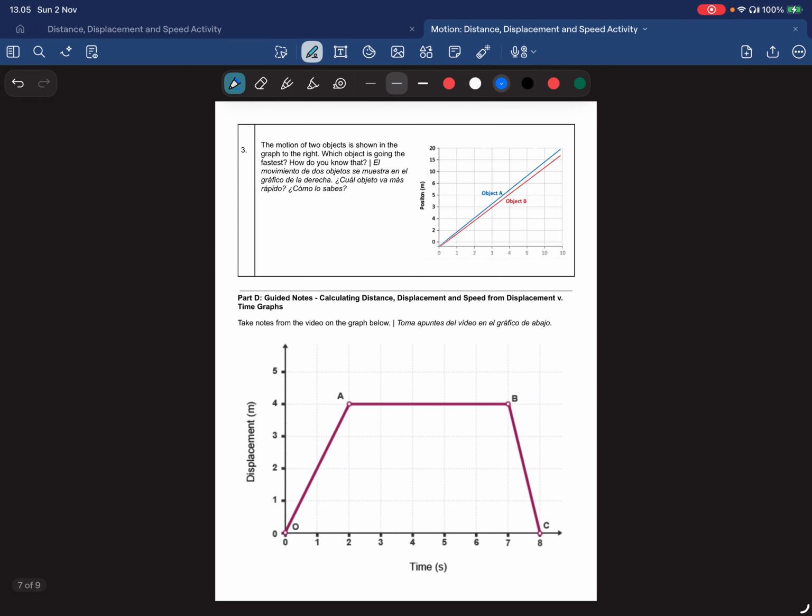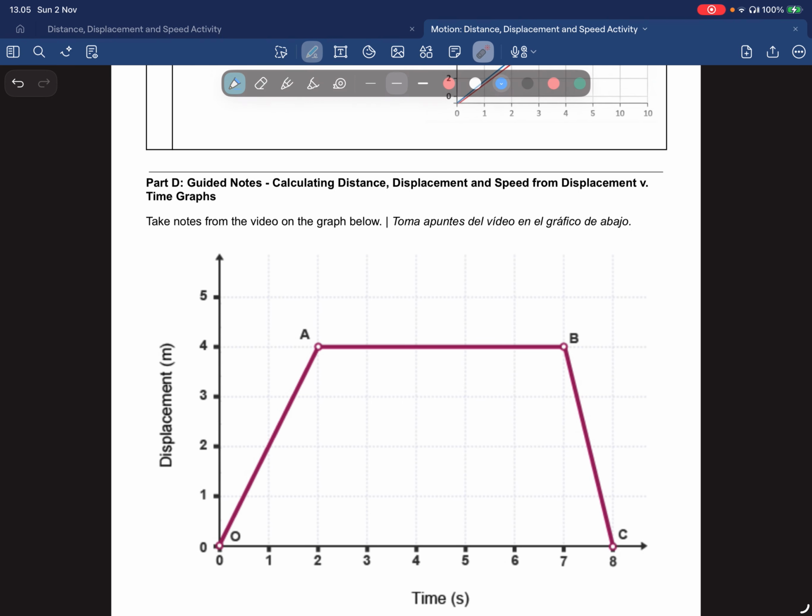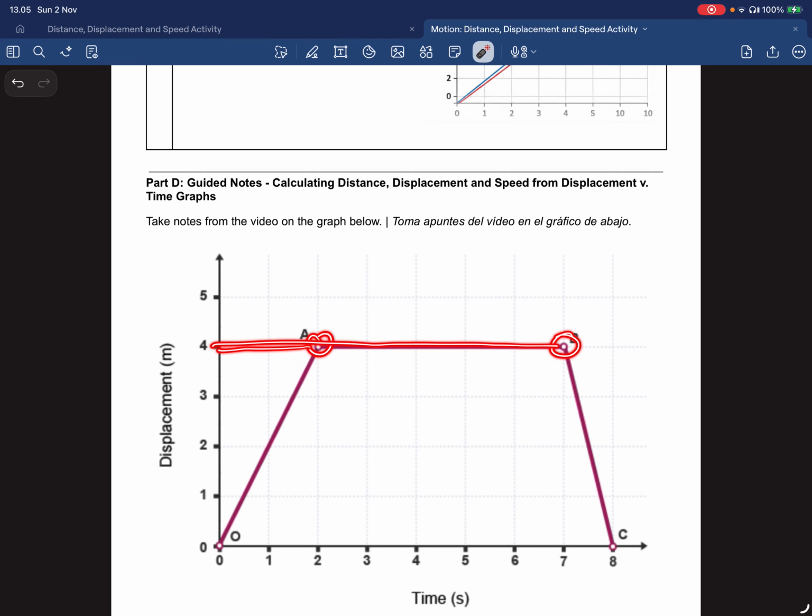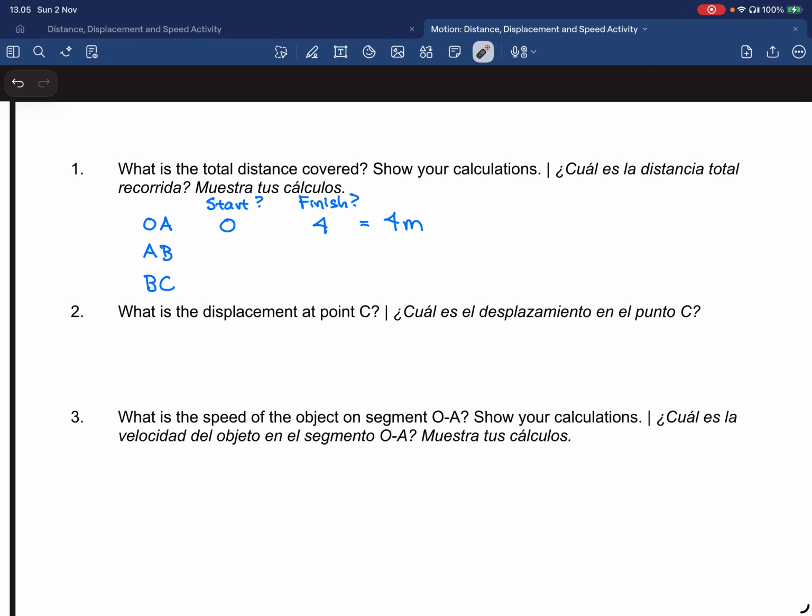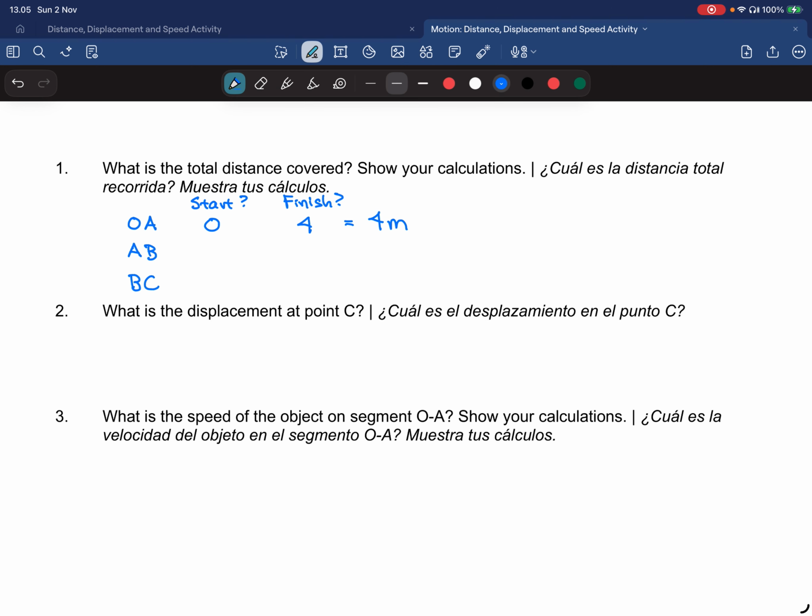At AB, I start at 4 and I finish at 4. So therefore, I am traveling 0 meters.